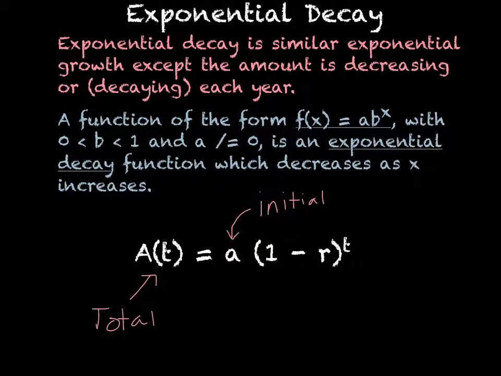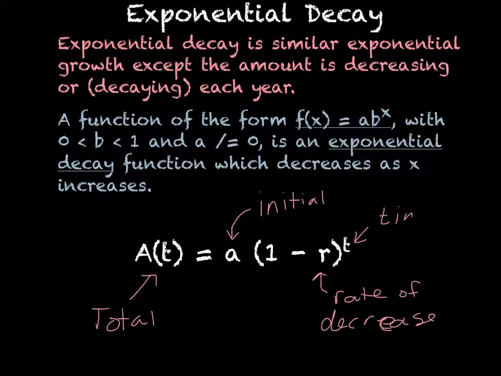And then we have the 1 minus r. My r is going to be the rate of depreciation, or the rate of decrease. And finally, the t is going to be our time, usually in years.